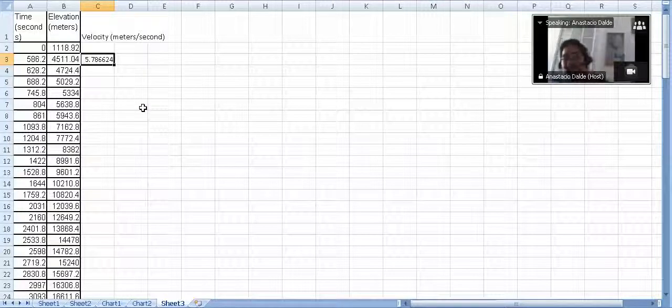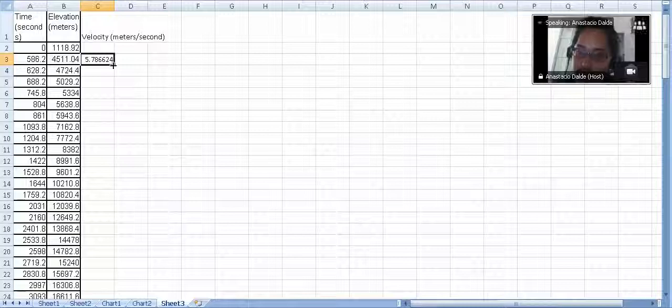Luckily for us, luckily for the world, computers are really good at doing dumb things. I'm not saying that this is a dumb thing, but computers are really good at mundane tasks, and this is kind of a mundane task. So what you can do is move your cursor to the bottom right-hand corner of the cell that you want, and you'll see a little plus sign. Click on that, and then you drag it down.